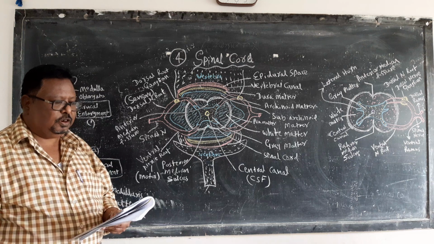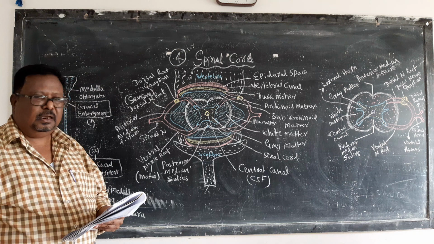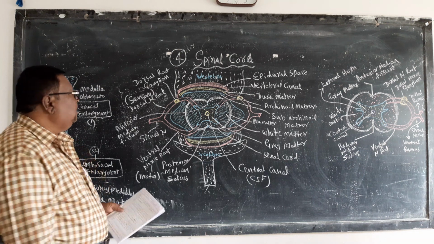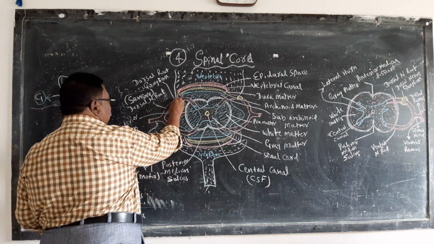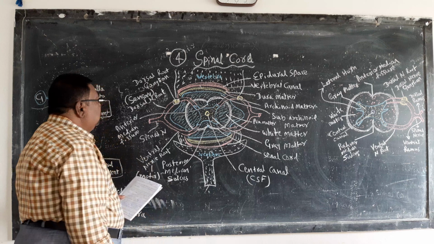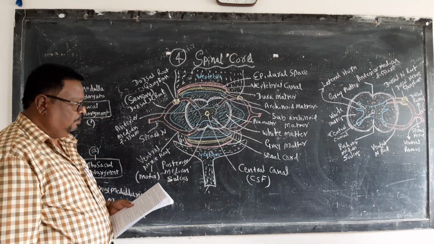Just proximal to the junction, the dorsal root is marked by a swelling called the dorsal root ganglion. This is the dorsal root ganglion, which is just below the emergence of the dorsal nerve.